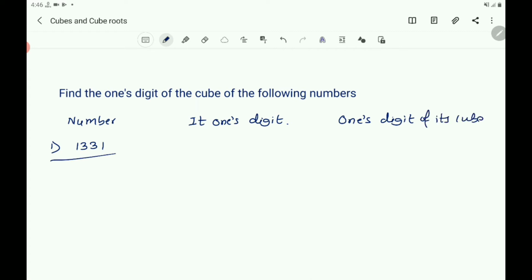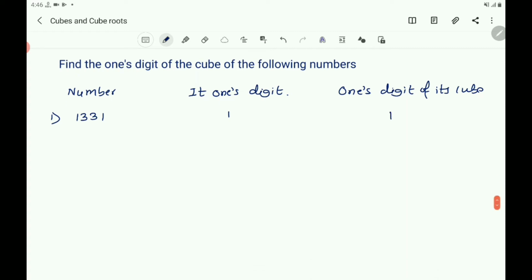You take the first number, 1331. Its ones digit is 1 and its cube also has 1 in its unit place.